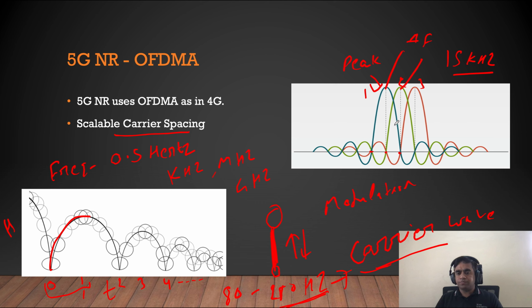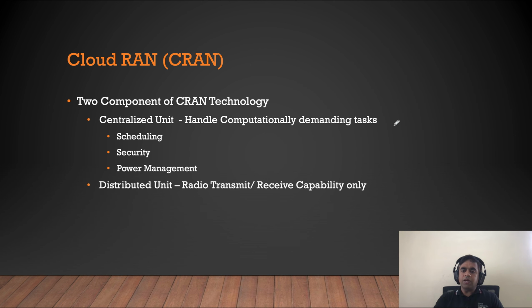Okay. So now moving on to the Cloud RAN part, and this is where we will end today's lecture. In Cloud RAN technology, for the gNodeB, there are two pieces.